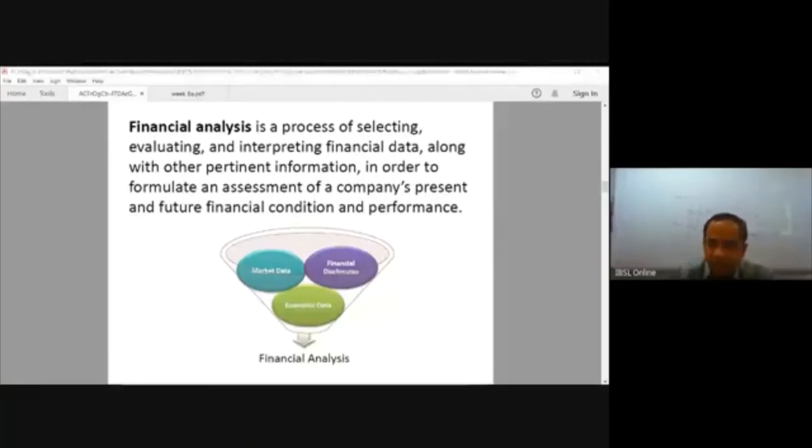Are you all clear? Are you all clear on what we looked at, the basics of financial statements: what do you understand by the profit and loss account, balance sheet, cash flow, how do you understand your balance sheet, how do you understand your cash flow statement?